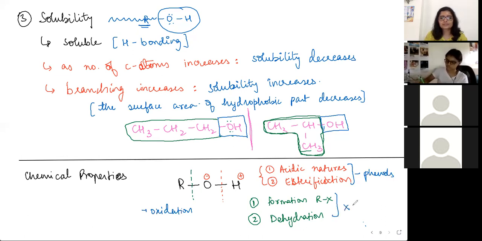For phenols you have oxidation and a whole other set of reactions, like electrophilic substitution, which have to do with the aromatic nature of phenols. Only phenols undergo those reactions because of their aromatic nature.